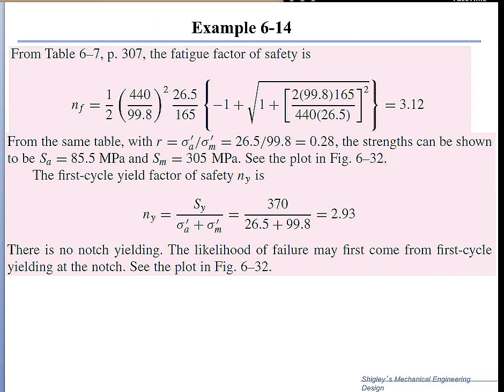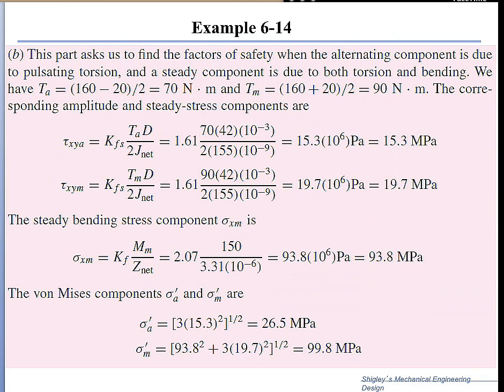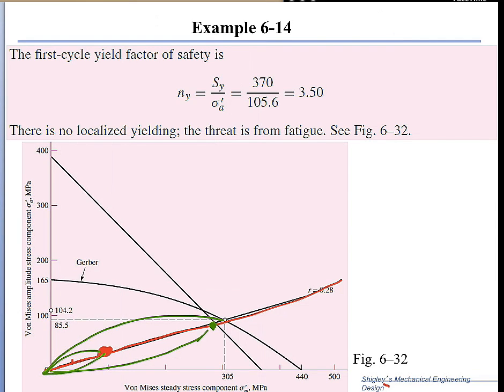So if we use the equations in the table, if you remember table 6-7, the safety factor for fatigue is 3.12 and for yield is 2.93, and that's what you can observe here on the graph. The safety factor for fatigue is higher than the safety factor for yield, because if you look at the yield, it goes from this point only to the origin divided by the operational value.